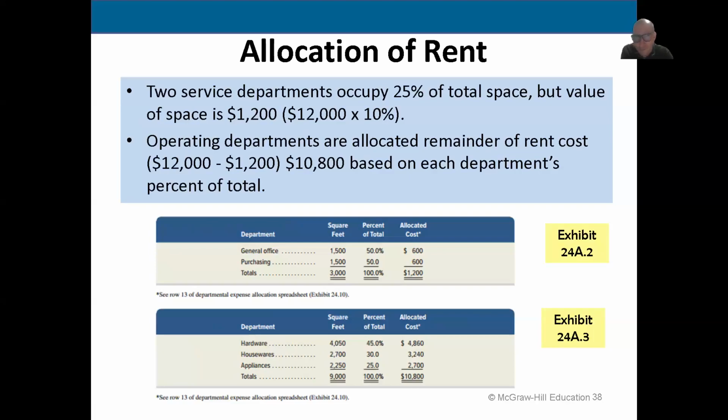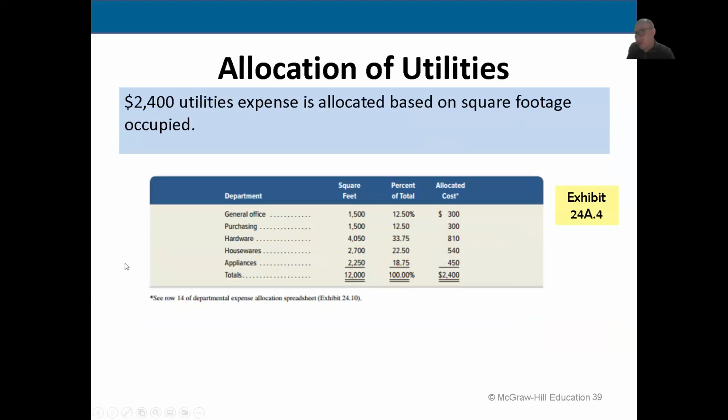How do you allocate rent? It's based off the square footage. So take total rent divided by total square footage, and then you can multiply that by the number of square feet for each department. Same thing for utilities. Based off of the square footage, take the total utility expense, divide by square footage, multiply it by square footage per each department.